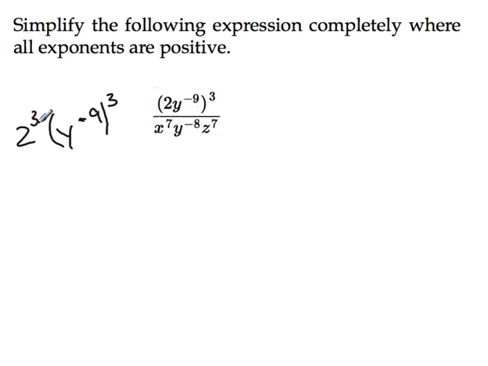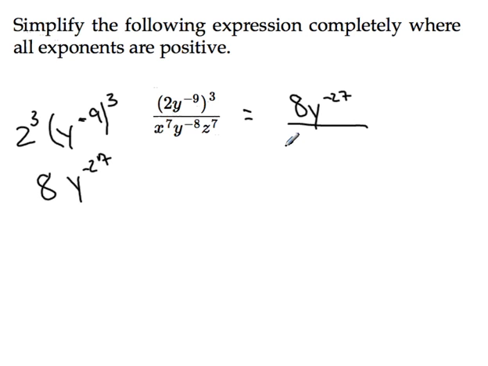All right, so 2 to the third, that's just 8. And then y to the negative 9th raised to the third power, that's y to the negative 27. So in the numerator, we have 8y to the negative 27.